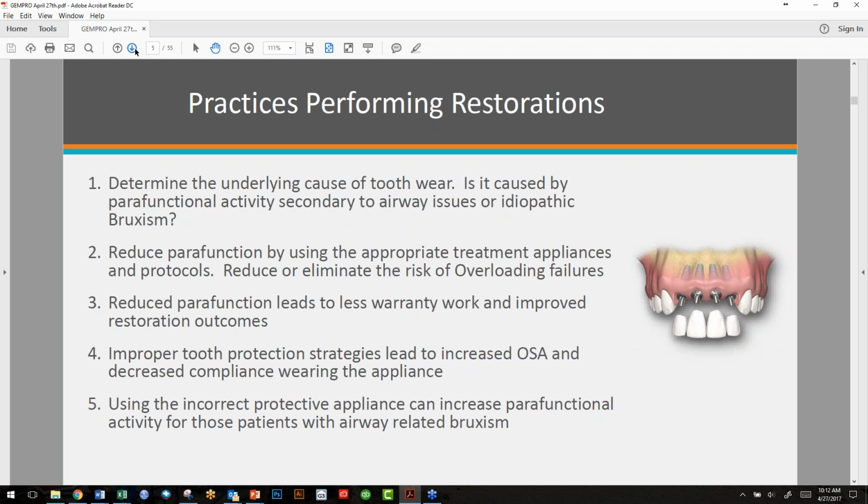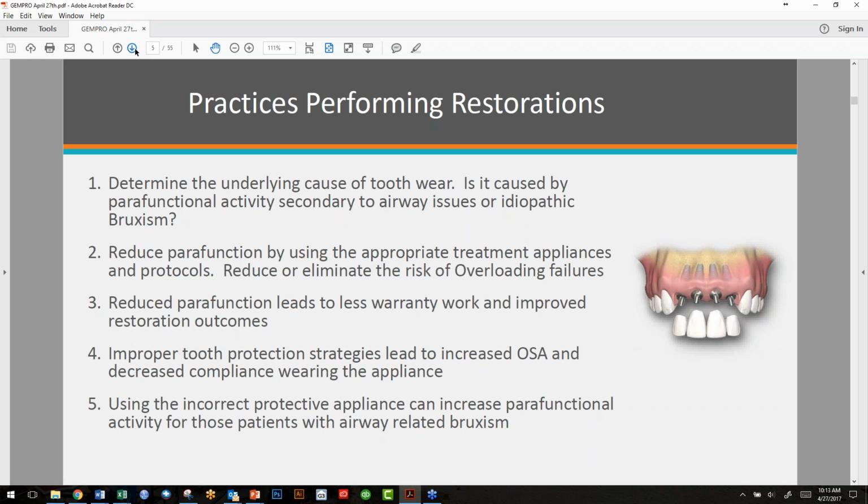If we determine that the airway is triggering parafunction and we have a treatment plan accordingly, then we reduce the parafunction and improve the restoration outcome and reduce the risk of a failure. I don't mean to be flip about that. It's a great opportunity to improve the outcome of implants.